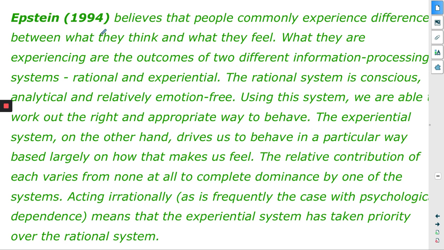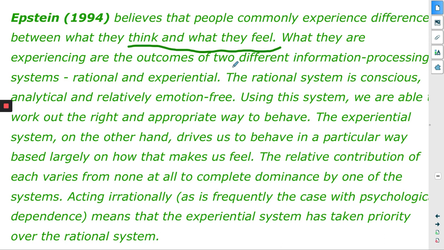He says that we usually have at least two systems working in us, okay? And that some people could have those two systems working against each other. So it says that we experience differences between what we think and what we feel, okay? Now, these information processing systems that he talks about, one is rational, that's your thinking part, and one is your experiences, your feeling, okay?